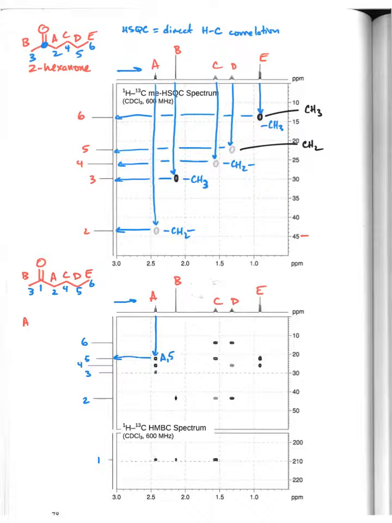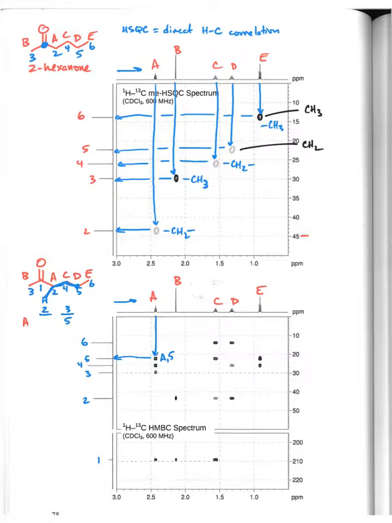So A sees 5, and specifically, this hydrogen, HA, sees this carbon. So if we count the number of bonds there, that's 1, 2, 3. So I'm going to write columns here, 2 and 3 bonds. So A sees 5 through a 3-bond connection.